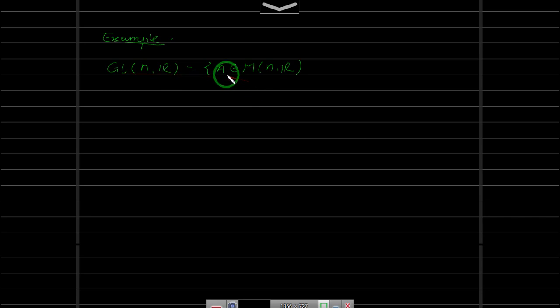And GLnR means those elements A from MnR such that A is non-singular. Non-singular means the determinant of A is not equal to 0.